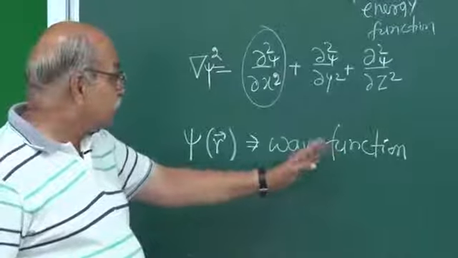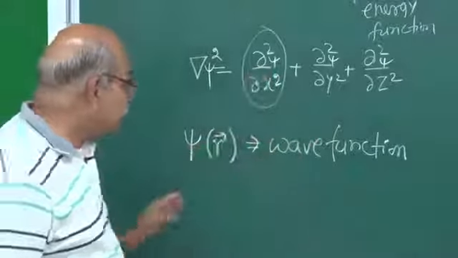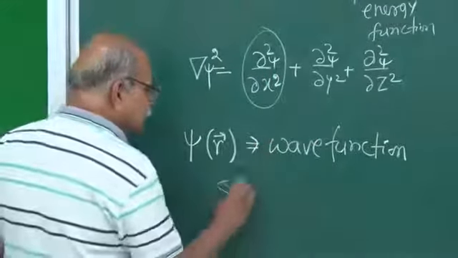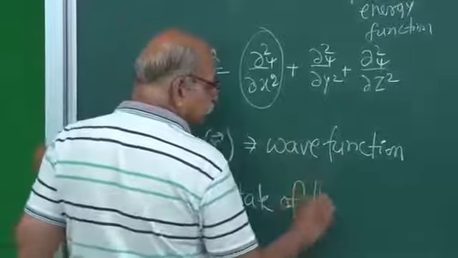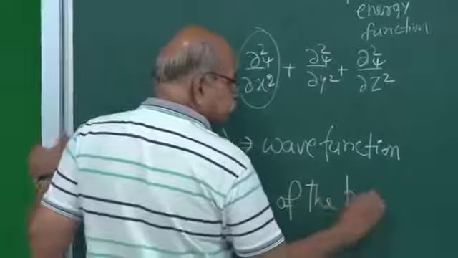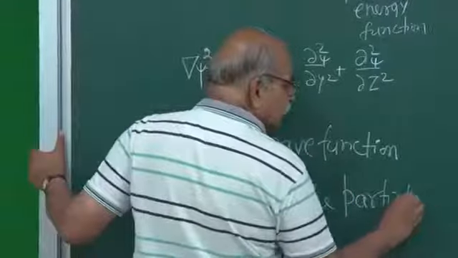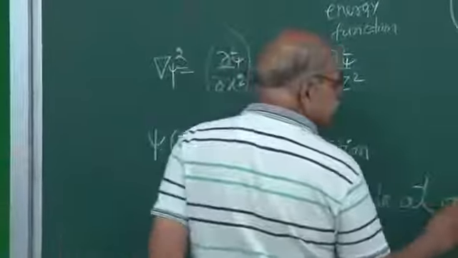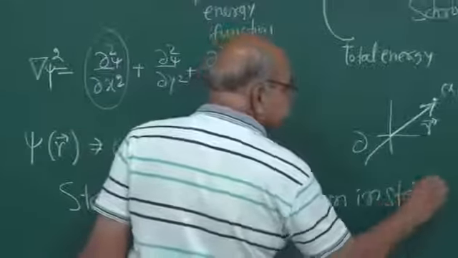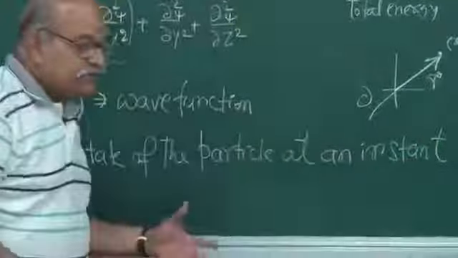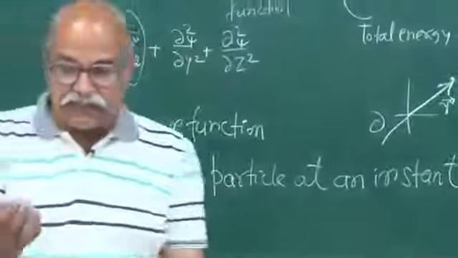And now this is a very crucial statement: the state of the particle at an instant. In classical physics, when I say state, what is the state of this chalk?